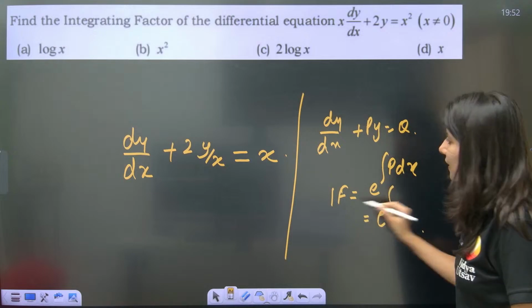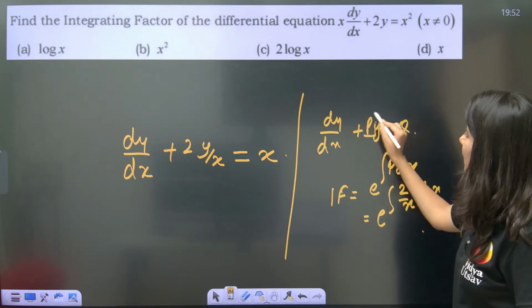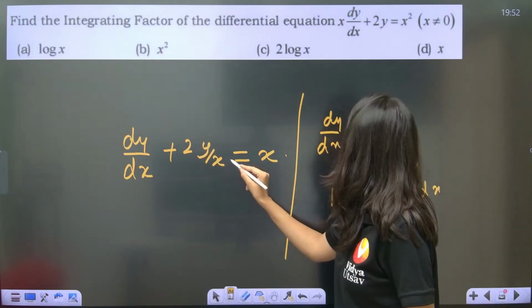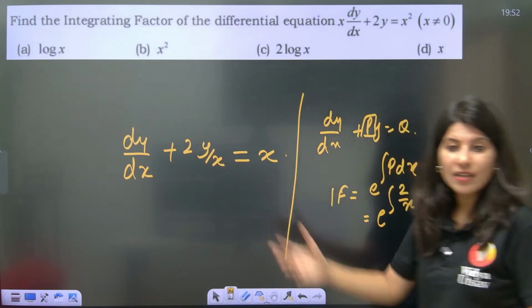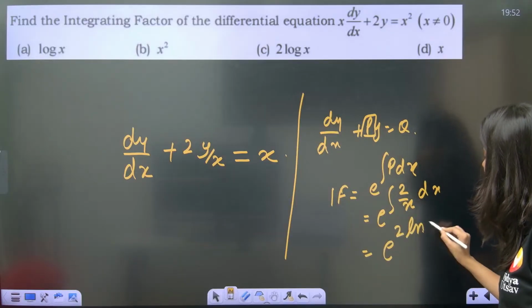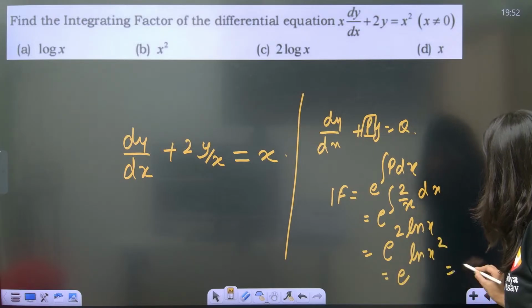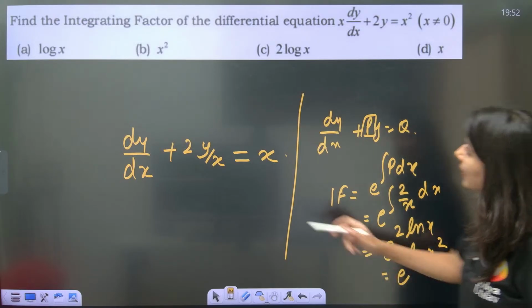Here P is 2 by x, so e raised to the power 2 ln x, which is e raised to the power ln x square. So x square is your integrating factor.